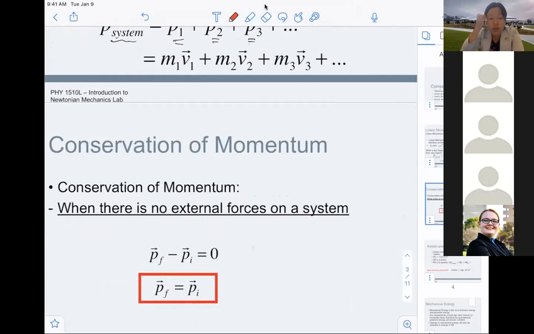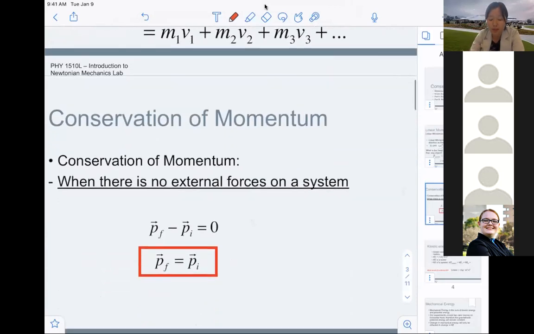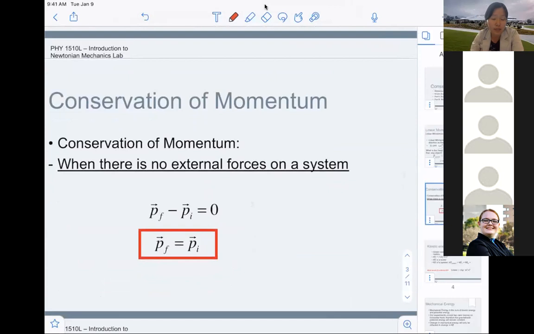And conservation of momentum, in the scenario we are looking at in our lab, is when there are no external forces. What do I mean by no external forces? For example, if you have an explosion, let's say a bomb that splits into two pieces, exploded. Well, yes, there are a lot of forces, but that's all within the bomb. That's not an external force on the bomb.